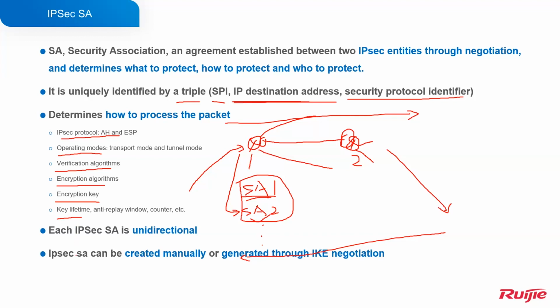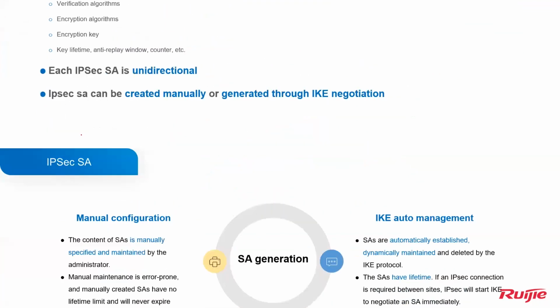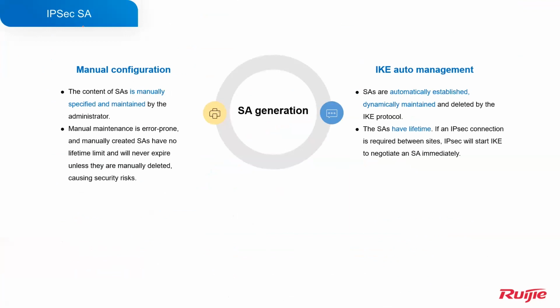And the IPSec SA, you can create manually, everything defined by the administrator, or also generate through IKE negotiation. It is more secure. So in IPSec VPN, the very important thing is to know the principle of IKE.